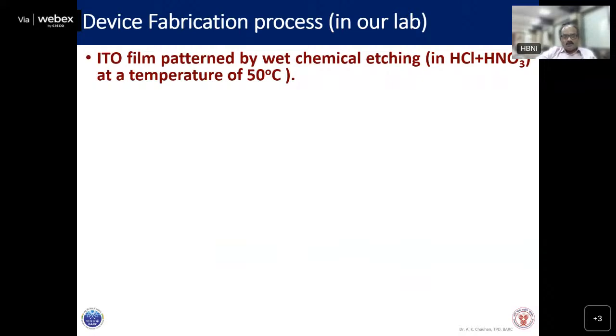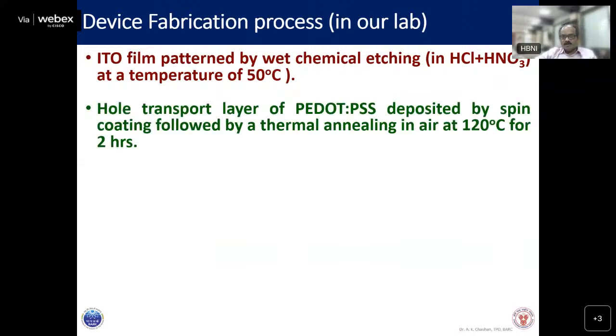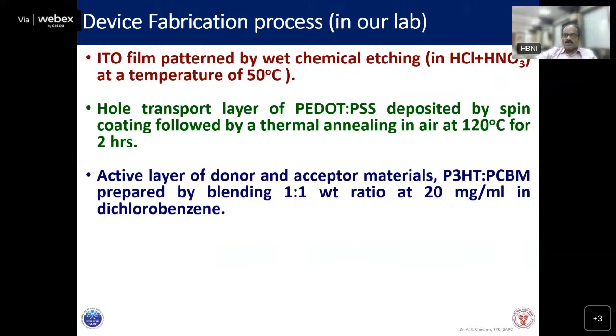So, how is it made inside laboratories? First, the film is patterned by wet chemical etching. Then the hole transport layer is spin coated over that, and then it is treated at 120 degrees centigrade, because PEDOT:PSS has a little bit of water component.